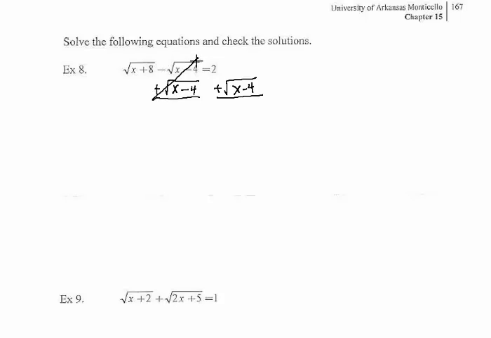So minus and a plus, these radicals cancel. This square root is now by itself on the left of the equation. The other radical has moved and changed signs to the right side. And at this point, we note that we're dealing with square roots, and we square both sides of the equation.